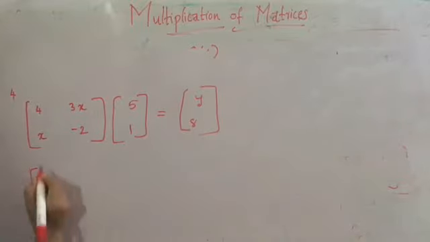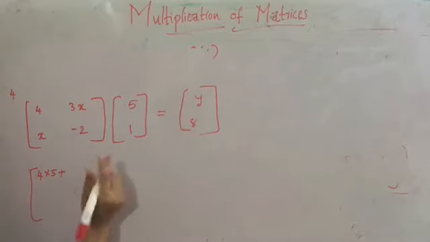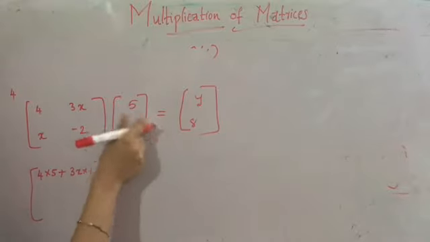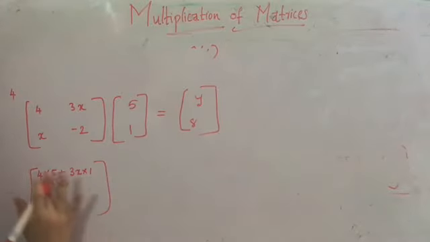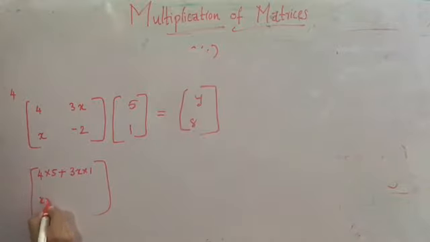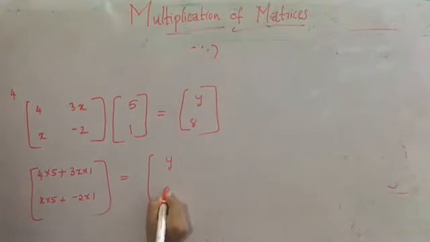So we can do multiplication with these matrices. So let us see. 4 into 5 plus 3x into 1. Here we don't have one more column, so we stop here. So next, we take the next row. x into 5 plus -2 into 1. That is equal to [y; 8].